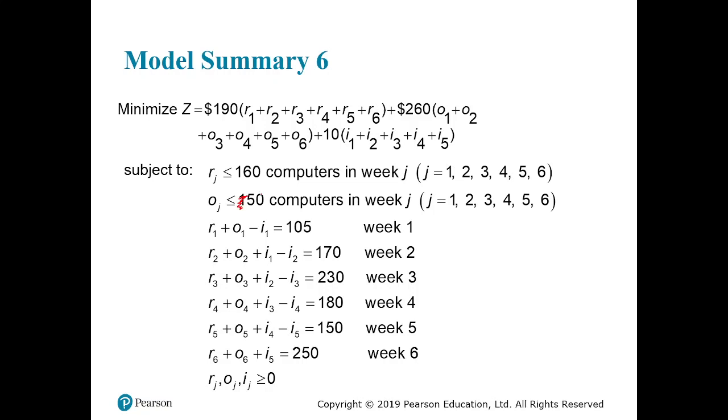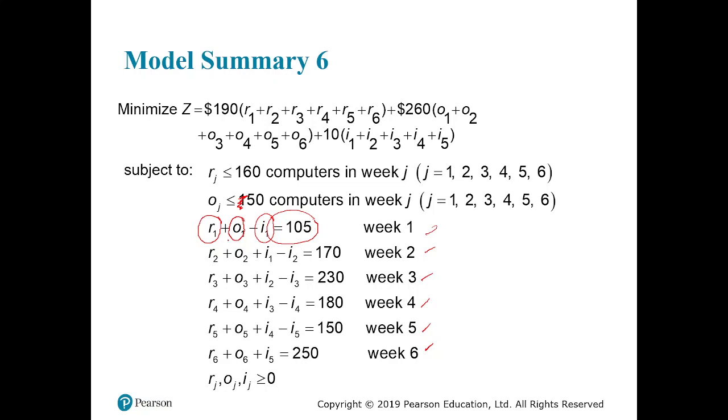Now let's look at the first week. The constraints are sorted on a weekly basis from week 1 until week 6. In the first week, whatever you decide on regular plus whatever you decide on overtime, minus the inventory, should be exactly 105.